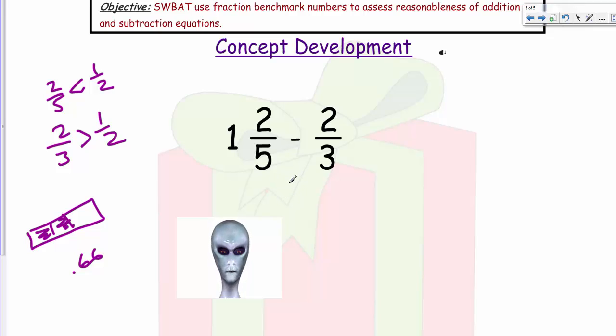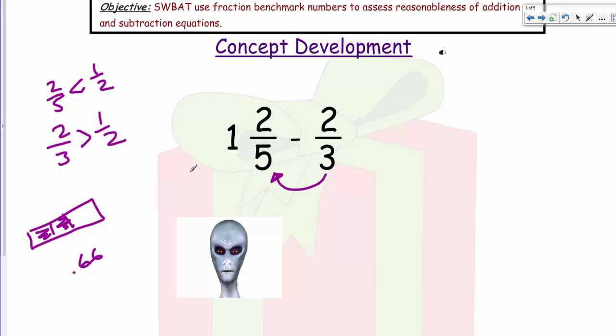Knowing that already, I actually can't take 2/3 away from 2/5, as 2/3 is larger than 1/2. So when I subtract, I can't take that away from 2/5 because of that. I would actually need to take it away from the 1/2. You can see that.